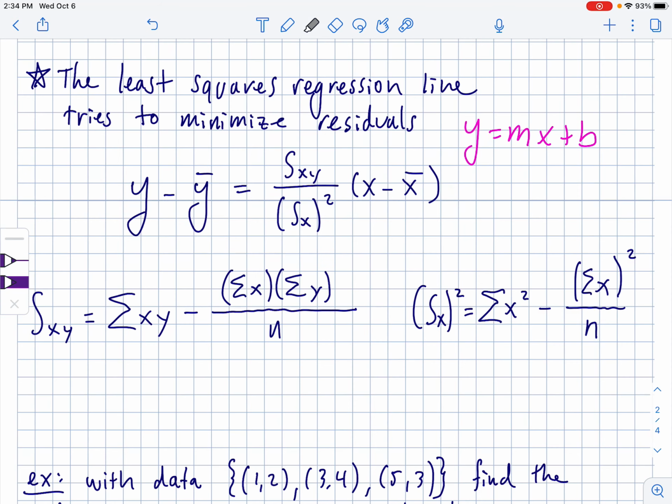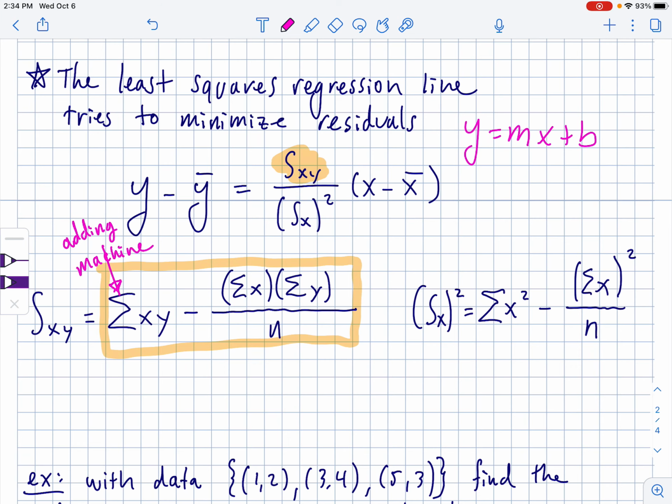So this is like a y equals mx plus b equation, but there are so many weird parts to it. This whole top right here is this whole equation: sigma xy minus sigma x sigma y divided by n. Those sigmas are just adding machines. They mean add up all the things of that kind.